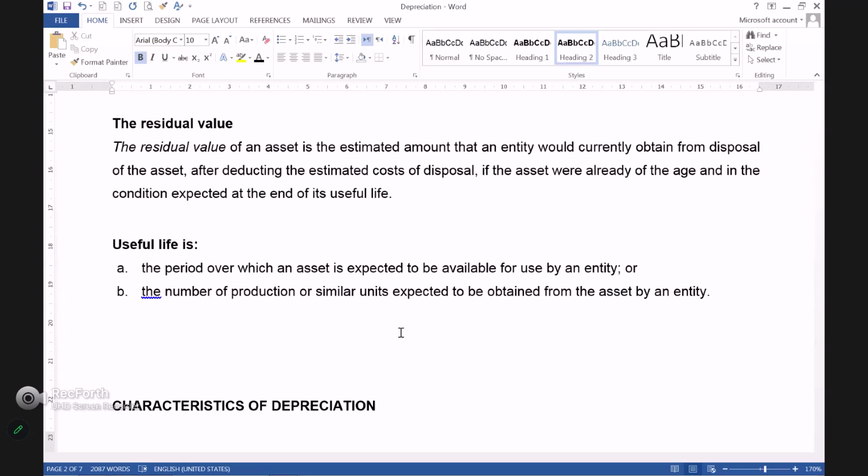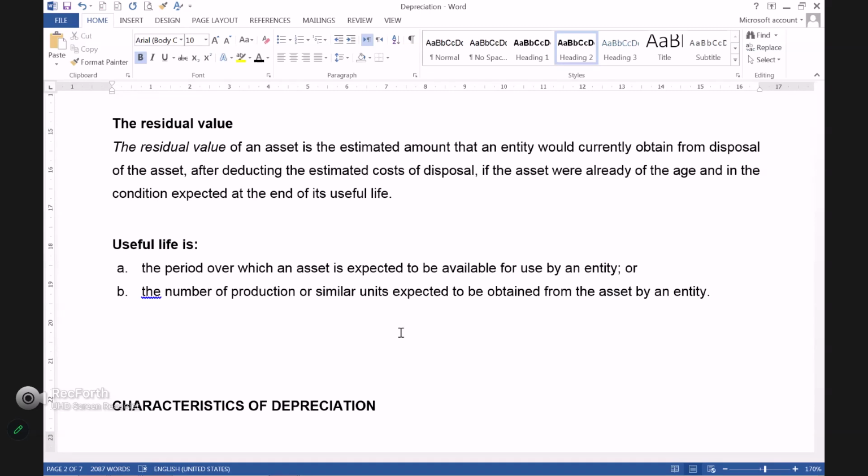Useful life can also be the number of production or similar units expected to be obtained from the asset by an entity. Sometimes some machinery is used for a particular production period. For example, a particular photocopier, the output, the number of copies you have to take. So for every service, we can identify the number of copies done by this photocopy machine. For example, 500,000 copies done by that photocopy machine.